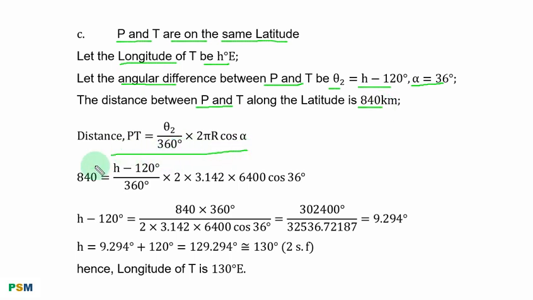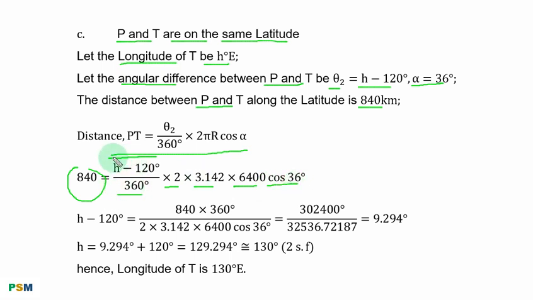The distance PT is 840. This is the angular difference in terms of longitude over 360 degrees times 2 times pi times radius of the earth times cosine of the angle of latitude.